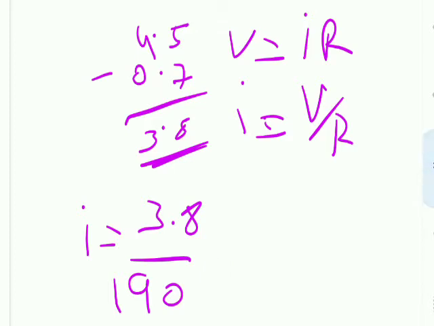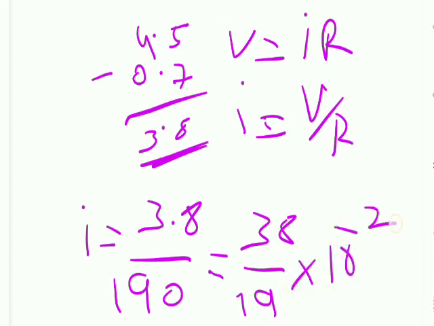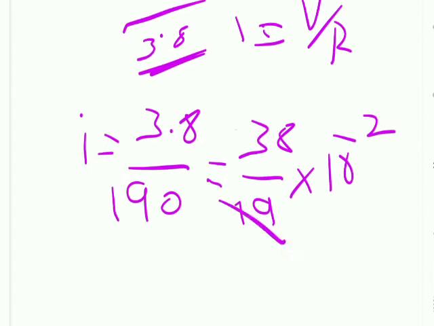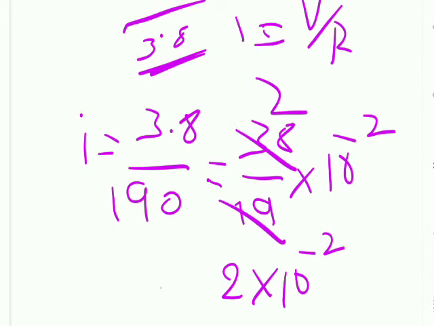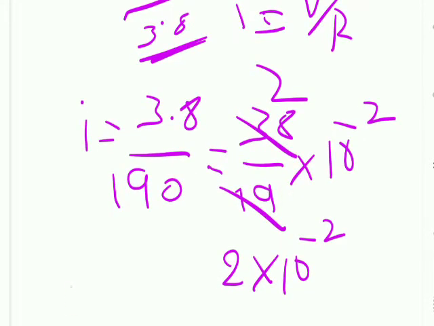So this one is 38 by 19 into 10 to the power of minus 2. So 19 2s are 2 into 10 to the power of minus 2, nothing but 0.02 amps is the right answer.